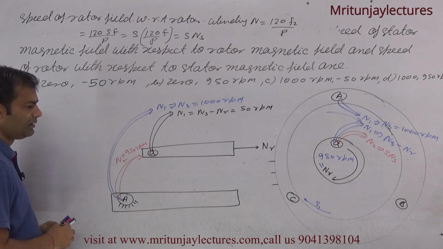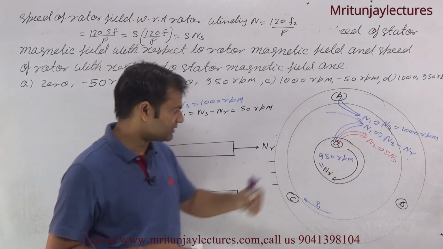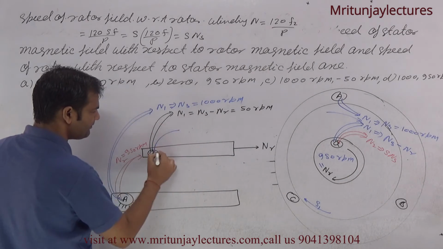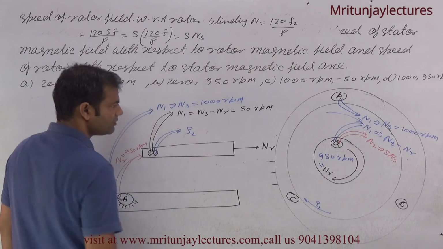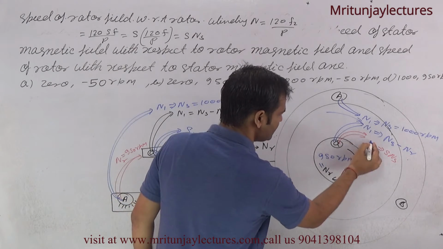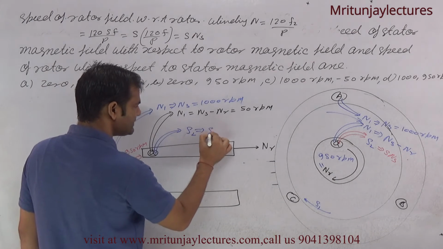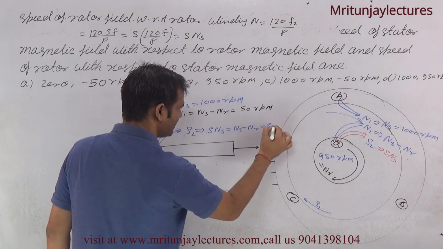Clear? Now, what about the stator field with respect to the rotor winding? That is S2, which speed? S NS. It is also NS minus NR, that means 50 RPM. Clear?